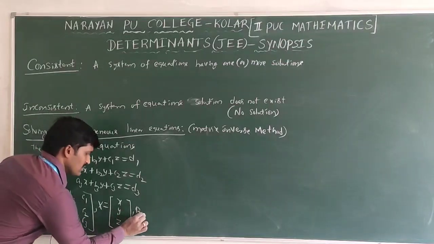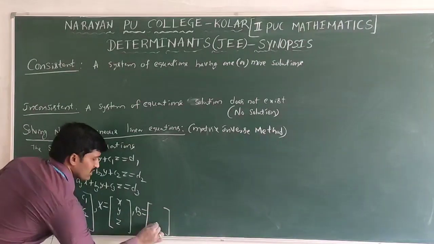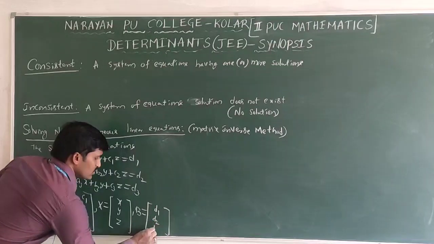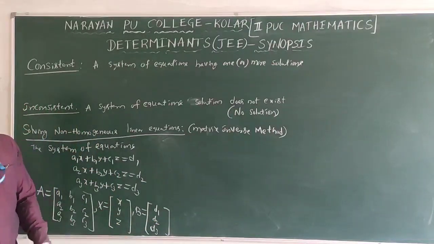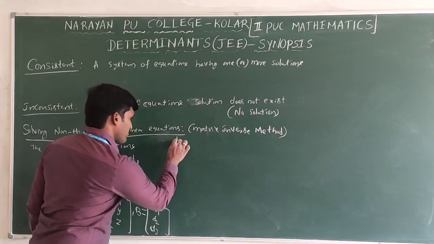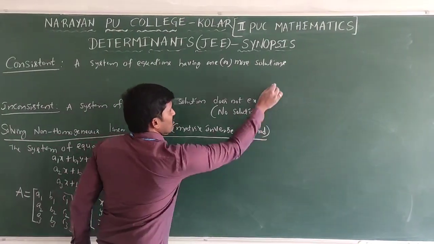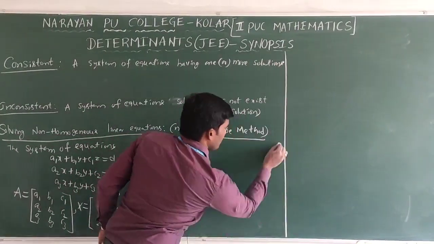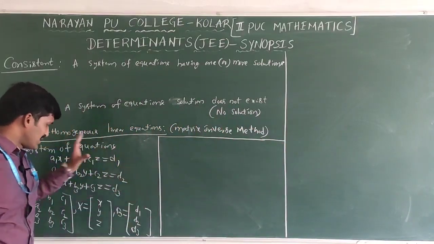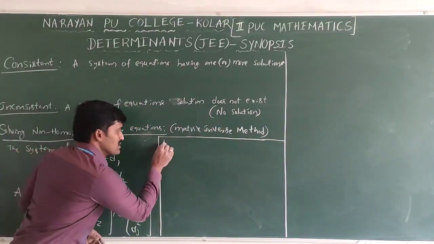Last, the constant values: d1, d2, d3. After writing like this, the system of equations becomes complete and we can express it.